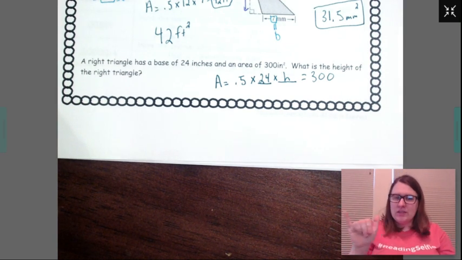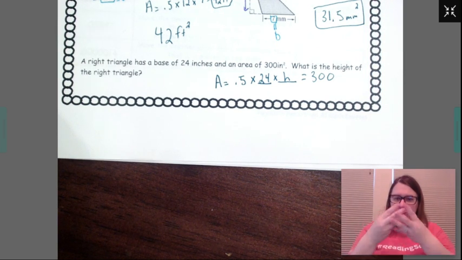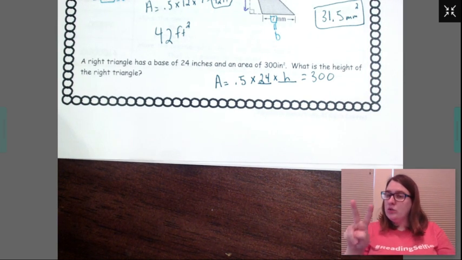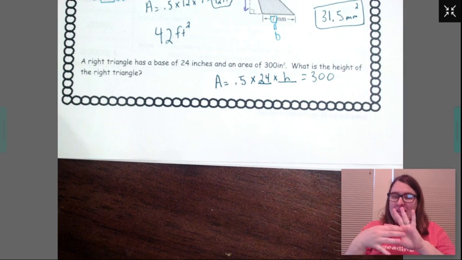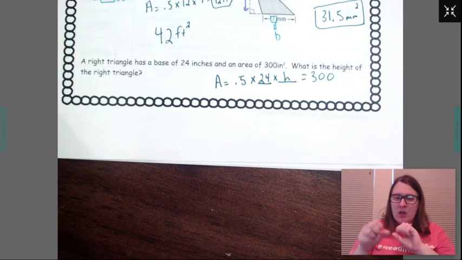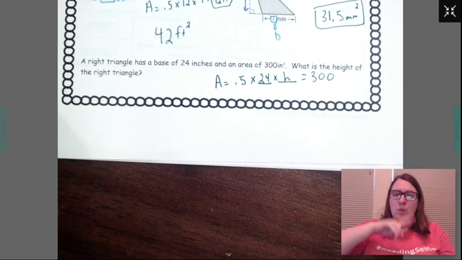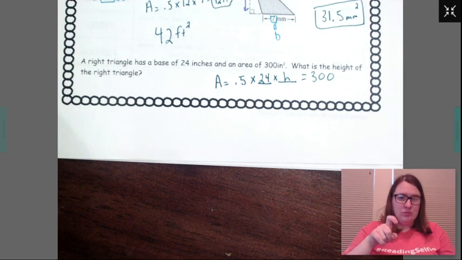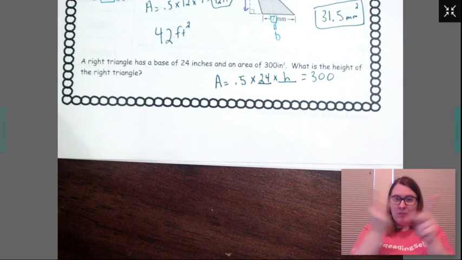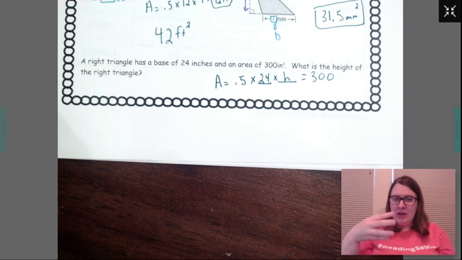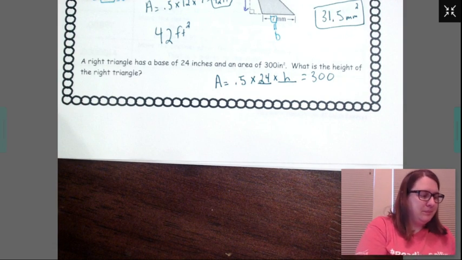Oh, this looks like we need to solve a 1 or 2 step equation. So, how are we going to do that? We need to find H. Okay, the first thing I'm going to do is I'm going to multiply 24 and 0.5, so that way it's solved and moved out of the way.